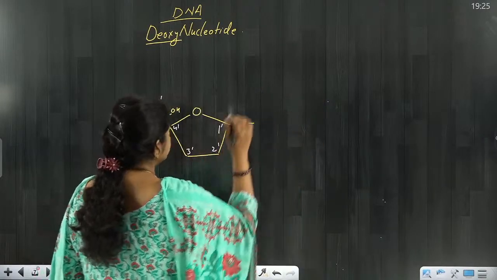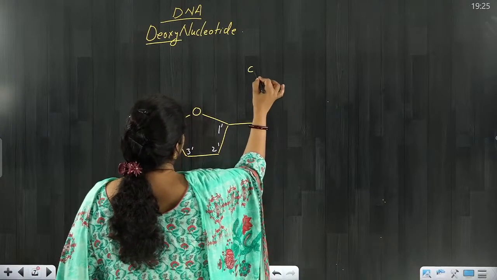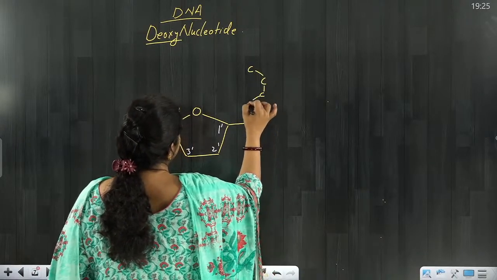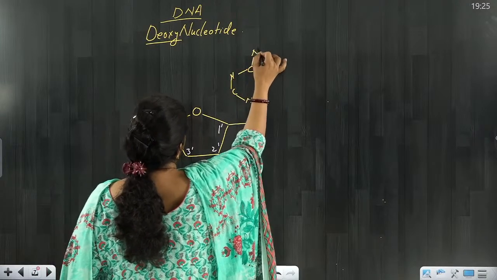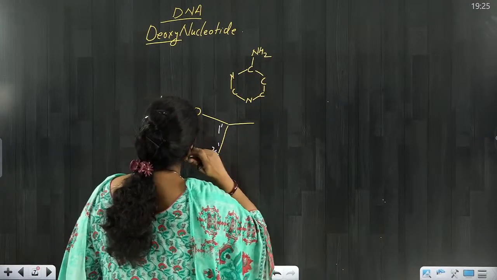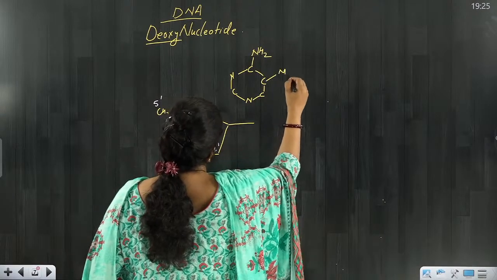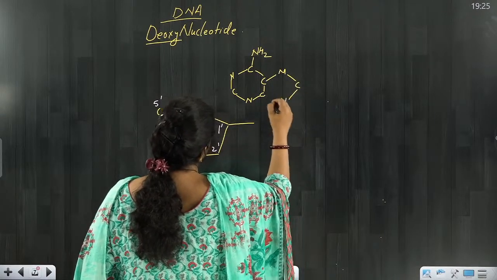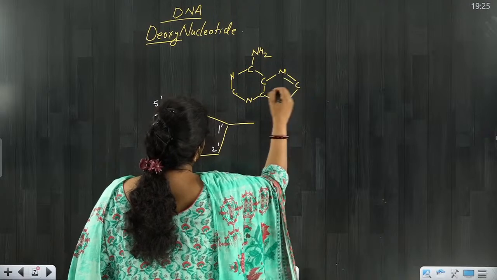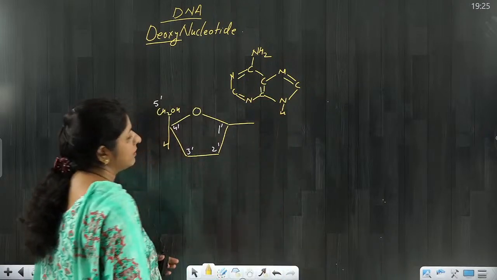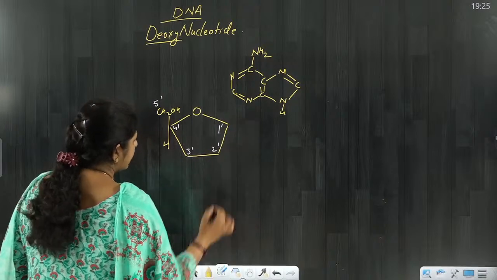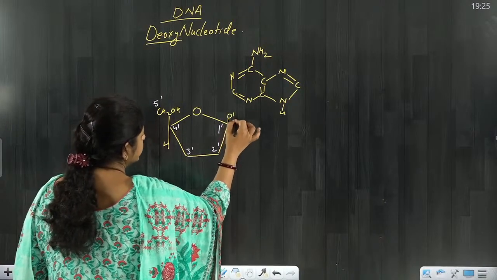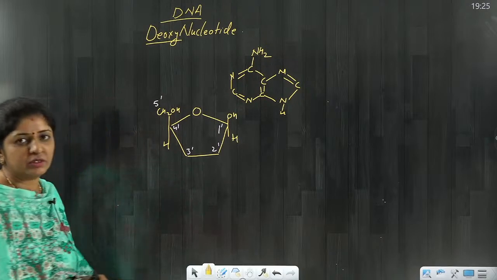What is the structure of purine? Carbon, carbon, carbon, nitrogen, here carbon, nitrogen, an amino group, I am taking adenine, here is nitrogen, carbon, nitrogen, here is the hydrogen, double bonds will be here, and at this 1 prime point, as I already said, the upside is OH and here will be H.